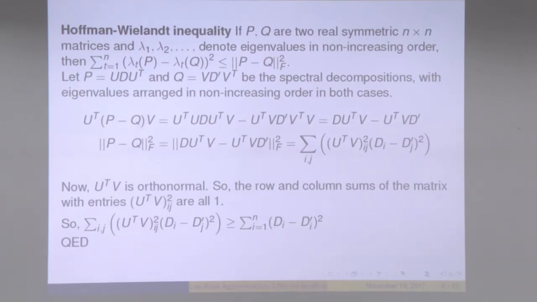So if P and Q are close, the eigenvalues are close. Again, this is continuity of eigenvalues. Eigenvectors are not continuous, right? So you take the sum of squares of all these differences, and that's less than or equal to the Frobenius norm of the difference between P and Q.